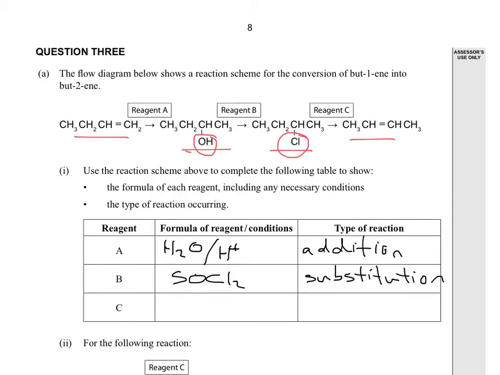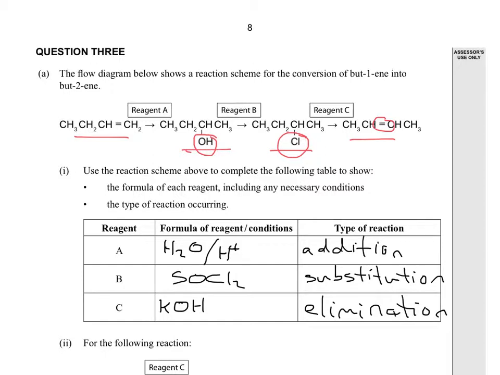The last one, we've got a haloalkane turning into an alkene. We're removing a hydrogen and a chlorine. This is an elimination. Okay, and in order to eliminate, this is maybe one of the more difficult ones to remember, we're using hydroxide. In this case, I'm just going to write down potassium hydroxide.